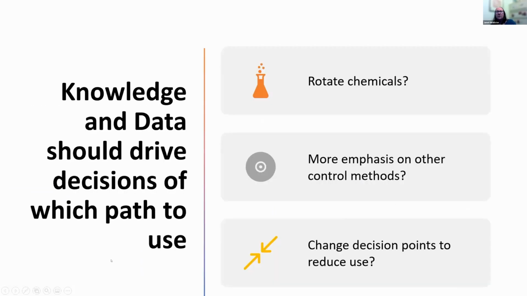So in summary, knowledge and data are going to drive the decisions, whether you rotate chemicals, whether you need to put more emphasis on other control, back off on the adulticiding, do more larviciding, focus more on community cleanup, all of those things that go into integrated mosquito management. All of those are options for you to use.